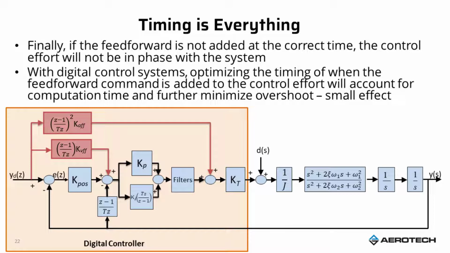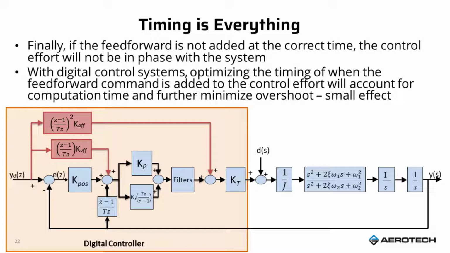Okay. As with most things in life, you find timing is everything. So what we need to talk about now is what's the timing of that feed forward. So up to now, we've just really treated the system as a continuous time system, including the controller.